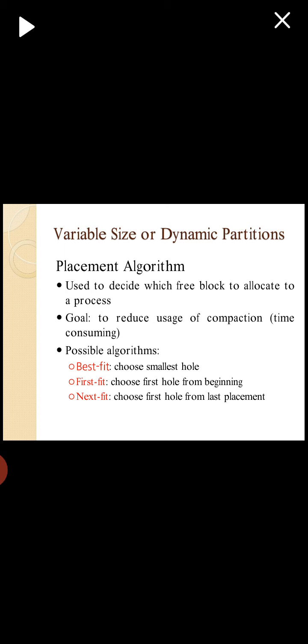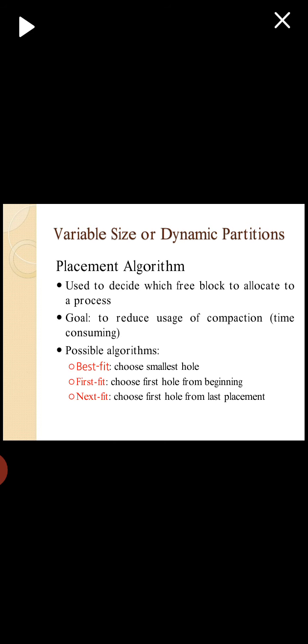So variable size or dynamic partition includes placement algorithms, which are used to decide which free block to allocate to a process. Recently, in the previous diagram, you have seen the process is free. So these decide which free block is allocated to a particular process which is in running mode.